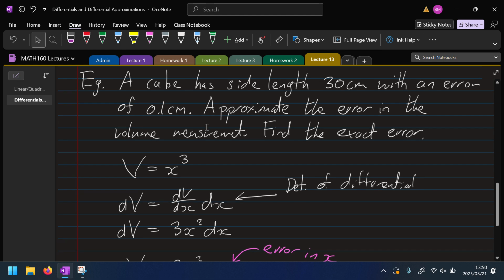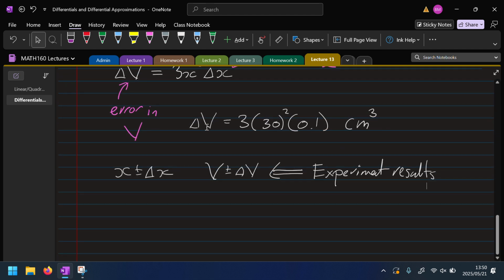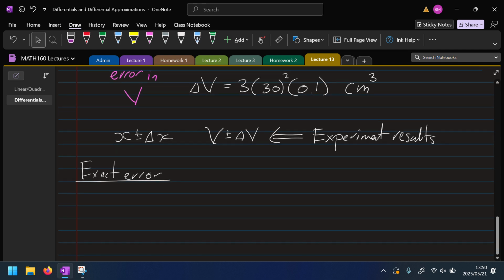Okay. What about the exact error? So let's have a look at that. For the exact error, that's going to be delta V as well, because it's an error. This is going to be the volume with the error added on minus the volume without the error. So the volume with the error is the length plus the error in length.